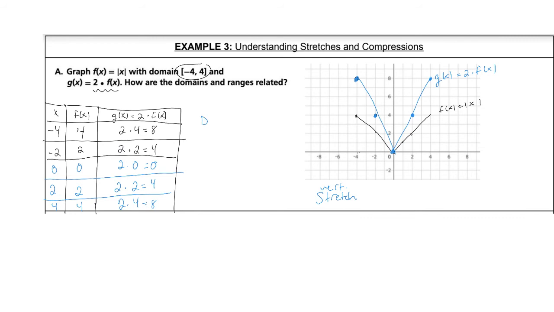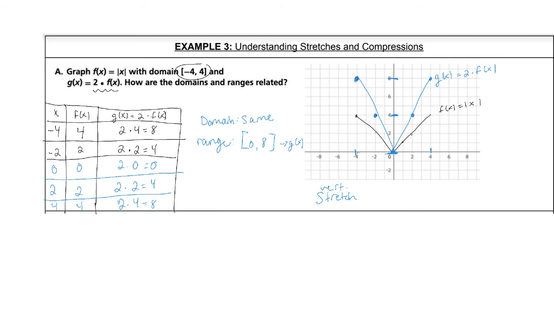And now our domain. The domain is still from -4 to 4, so it stayed the same. Our range changed though. Instead of from 0 to 4, it now goes from 0 to 8 for g of x.